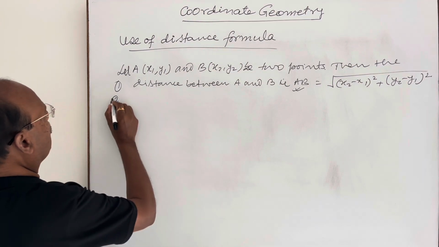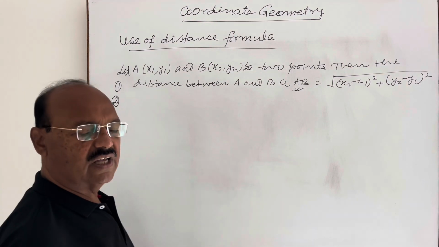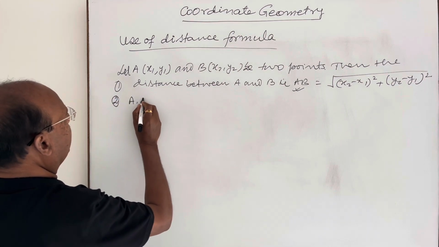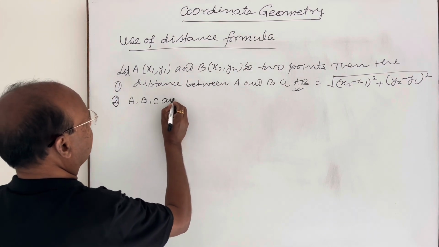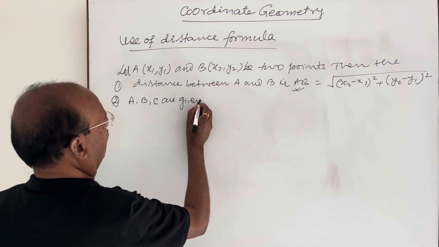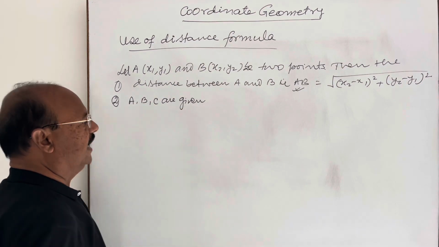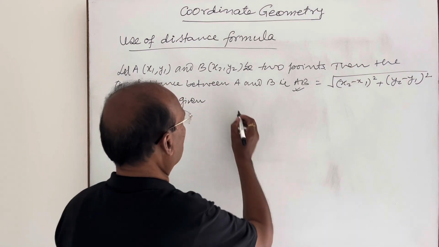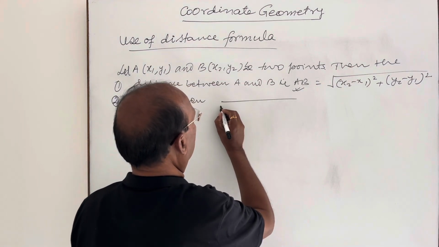Second use: suppose any 3 points are given, points A, B and C, and we have to prove that these 3 points are collinear. Collinear means points lie on the same line.